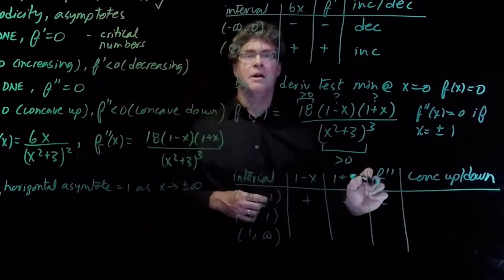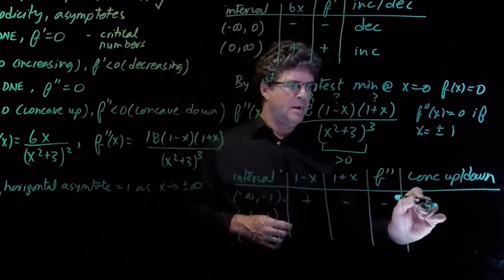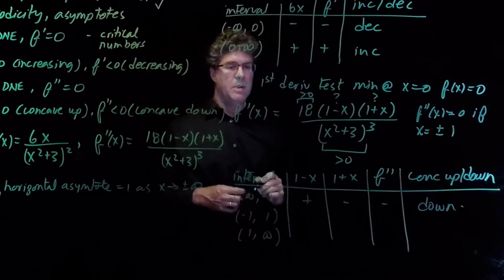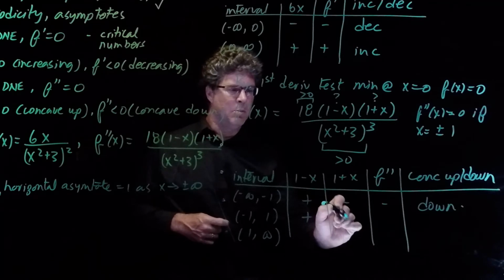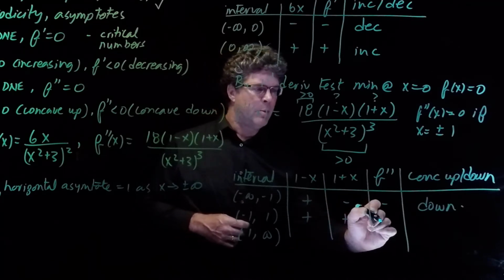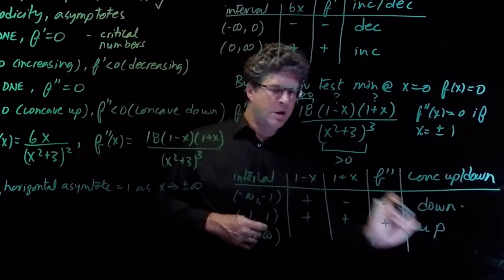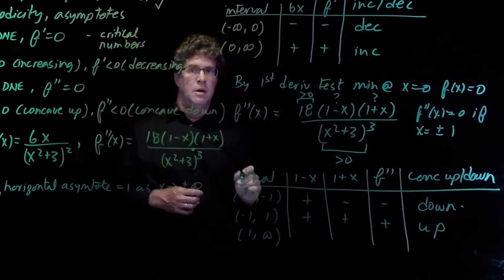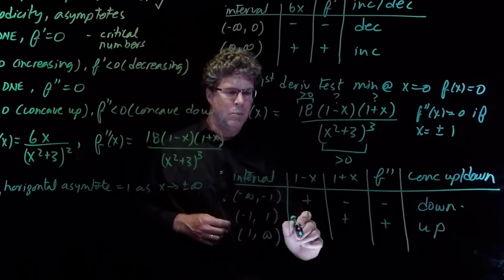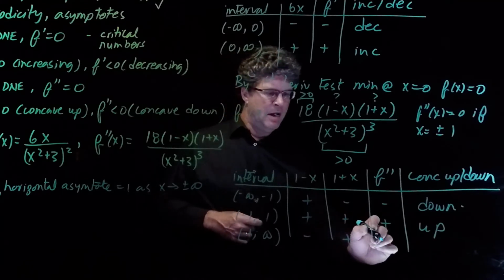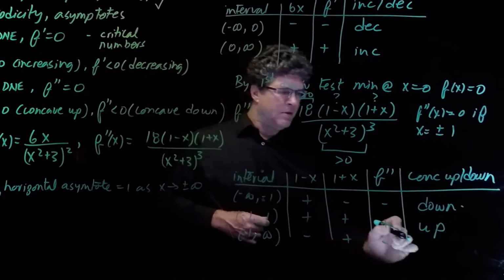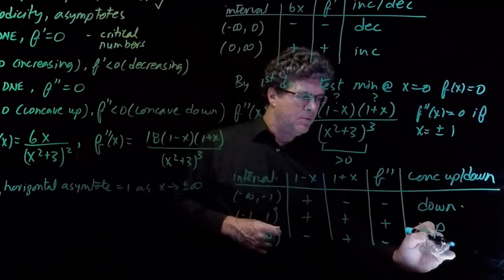This means it's concave down. On minus 1, 1, we have 1 minus x is positive, 1 plus x is positive, f double prime is positive, so it's concave up. On the last interval, 1, infinity, 1 minus x will be negative, 1 plus x will be positive, and so f double prime will be negative, and it's concave down.